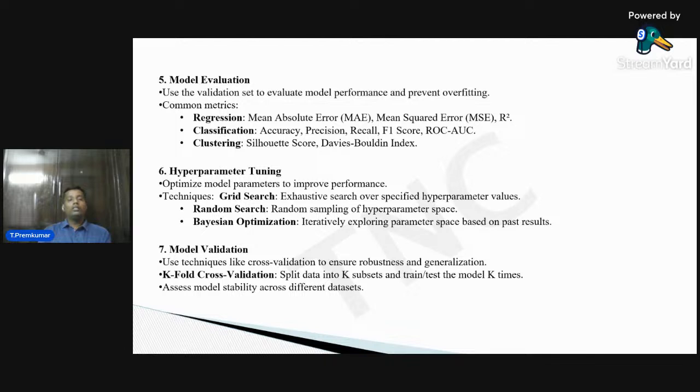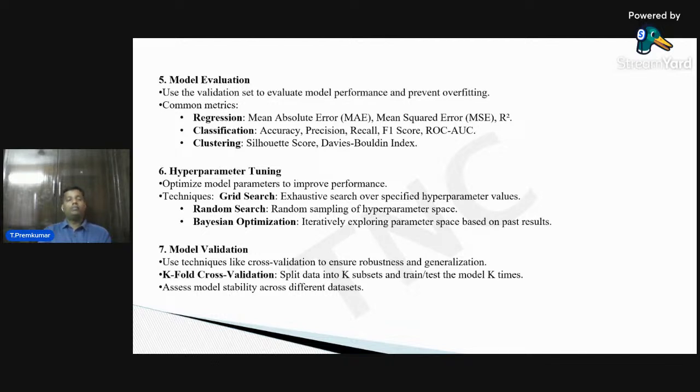The common metrics are for regression, classification, and clustering. These methods are used either to reduce the error or to improve performance, so we can go for evaluation to maintain the model evaluation process.